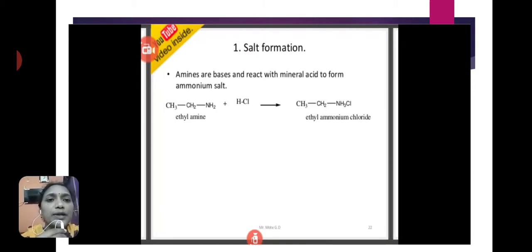Here the example is ethanamine, CH3CH2NH2. Ethyl amine or ethanamine reacts with hydrochloric acid, HCl, and the salt is formed. What is that? Ethyl ammonium chloride.